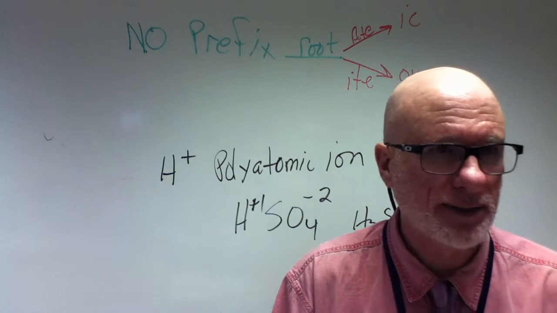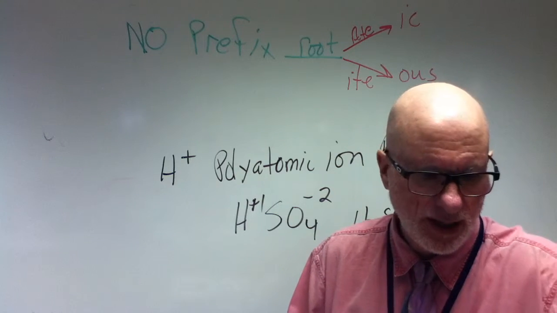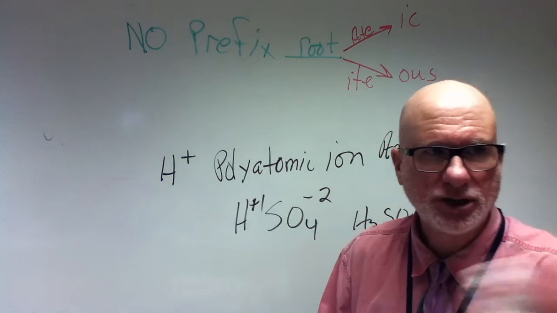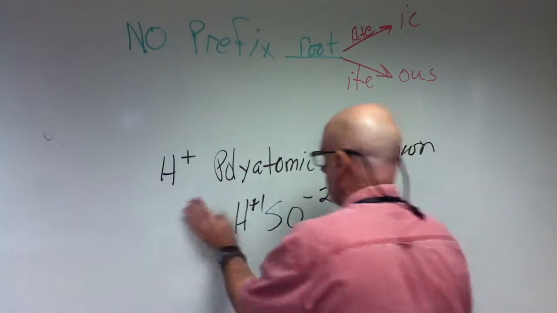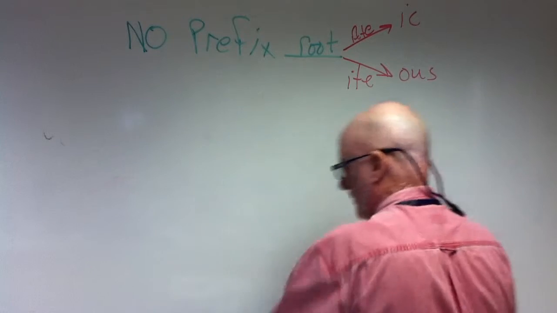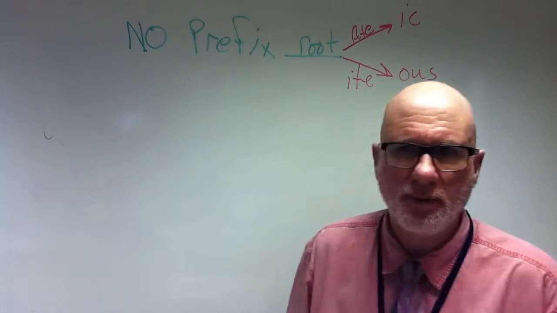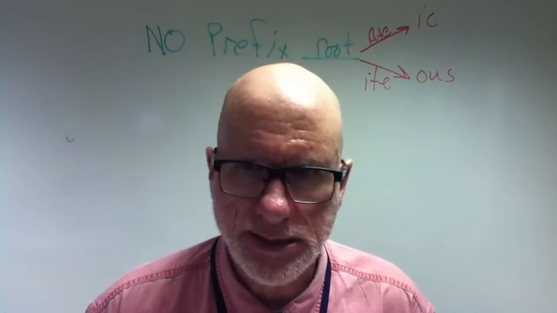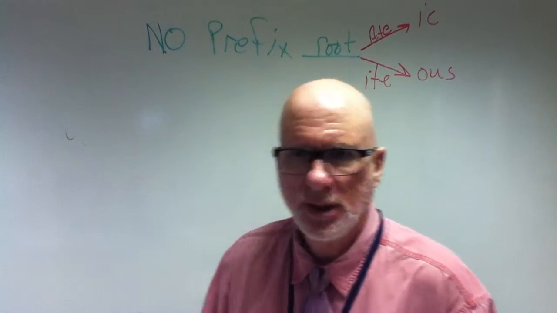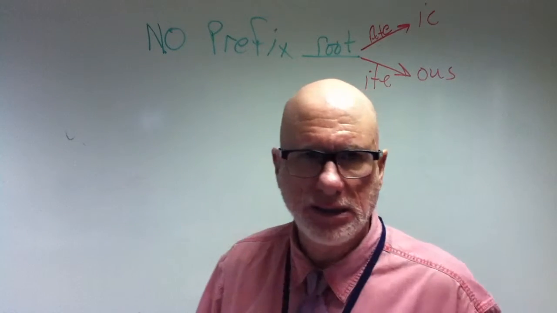ITE goes to OUS. I'm going to show you something very quickly that's on the videos from yesterday, and then we'll be done for the day. If I want to remember a zillion polyatomic ions, all you have to do is know 3 or 4, and then the rest are easy.